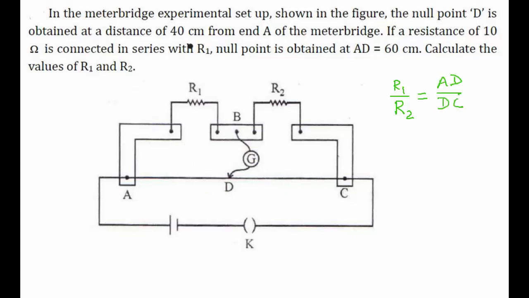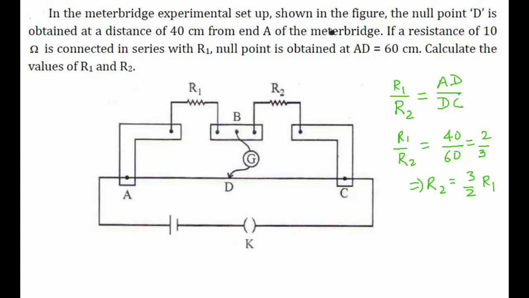So in the first case, since this is a meter bridge, and it is obtained at a distance of 40 centimeter from end A, so this is 40 from A to D, and so D to C is 60. So in the first case, R1 by R2 is equal to 40 upon 60, which is nothing but 2 by 3. So we can say that R2 is equal to 3 by 2 R1.